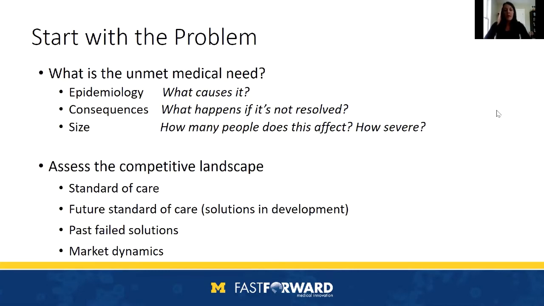So first we'll start with the problem, focusing primarily on the unmet medical need. What causes the unmet medical need? What are the consequences if it's not resolved? How many people does this affect?